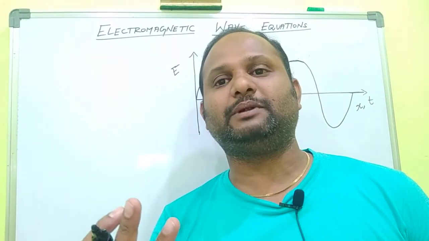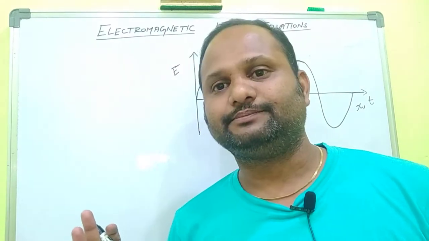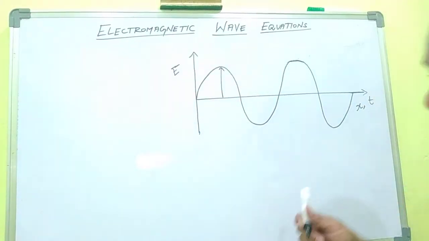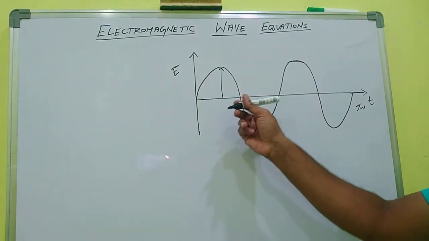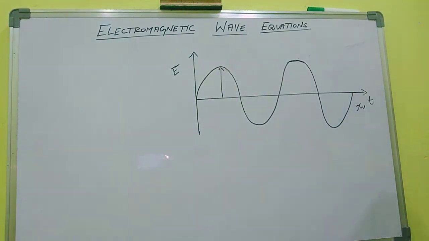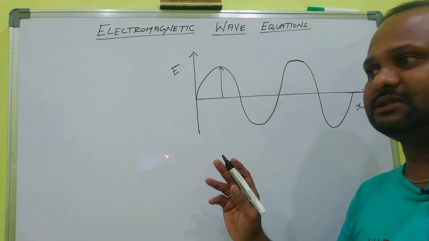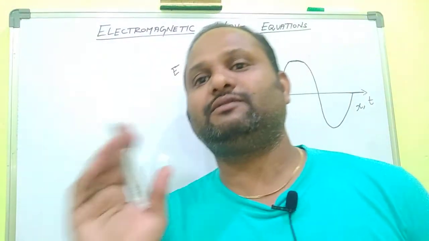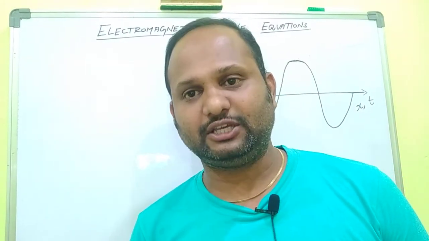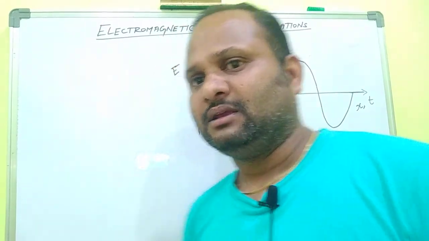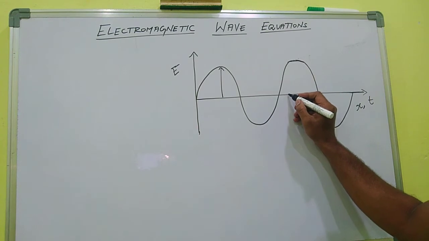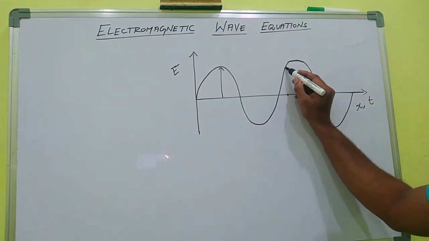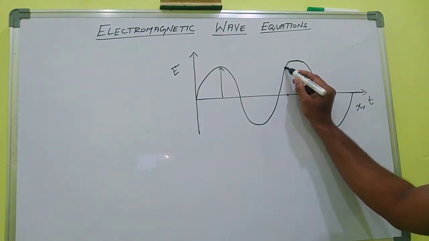These three are mutually perpendicular to each other. We know this very well. Now here I represent only the electric field vector along the direction of propagation of the wave. This is enough to represent the electric field equation. How do we write the electric field equation? Suppose I want to measure the electric field at a particular instant.